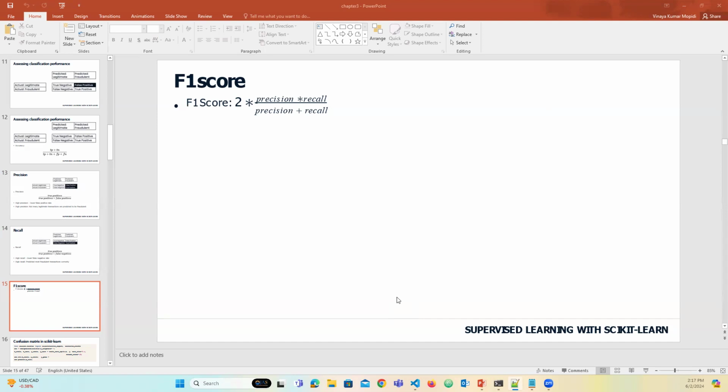The F1 score favors models with similar precision and recall. And this is a useful metric if we are seeking a model which performs reasonably well across both metrics.